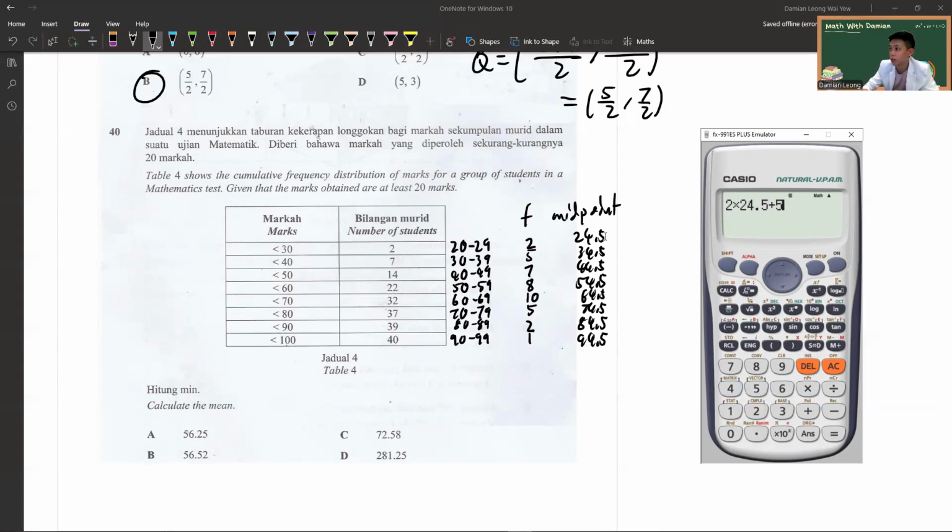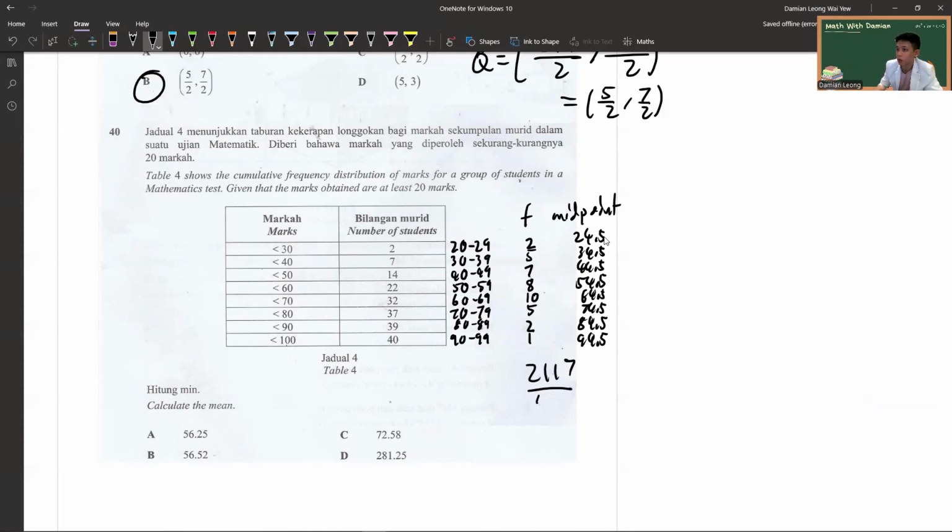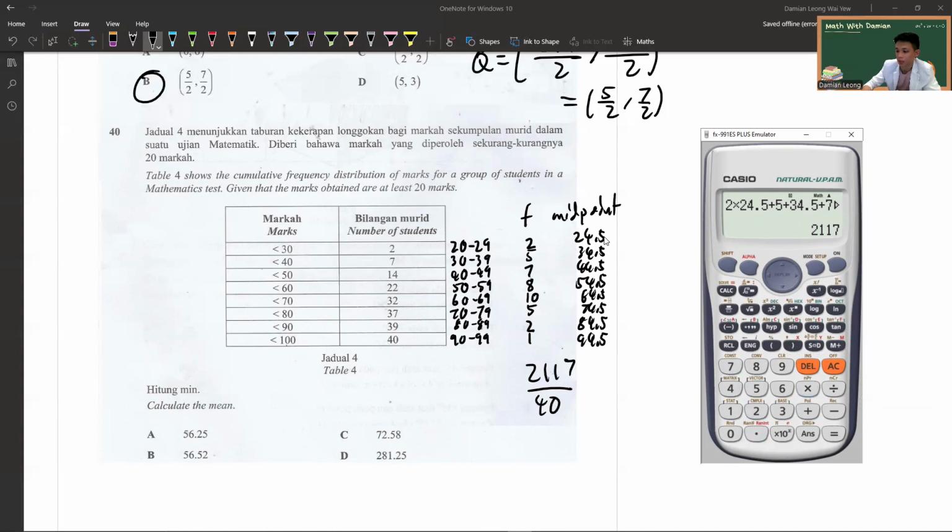Each of them added together: 2 times 24.5 plus 5 times 34.5 plus 7 times 44.5 plus 8 times 54.5 plus 10 times 64.5 plus 5 times 74.5 plus 2 times 84.5 plus 94.5.